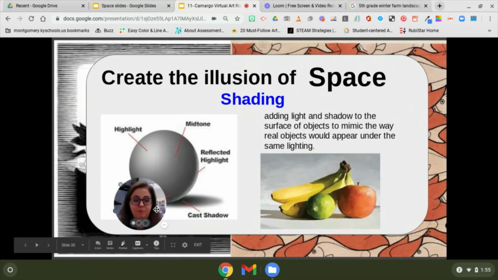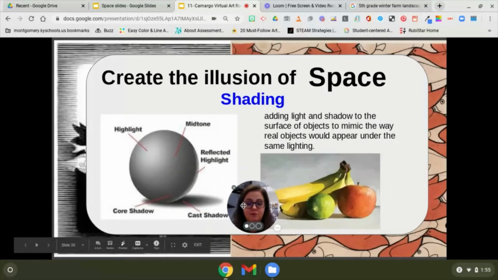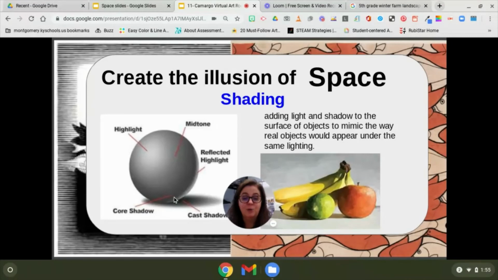So when we talked about creating forms and shading forms, we practiced that when you were in third, fourth. We didn't get to practice that this year. Maybe we did in person a little bit. But the sphere shows you how someone could shade and shadow it to create a look of 3 dimensions.